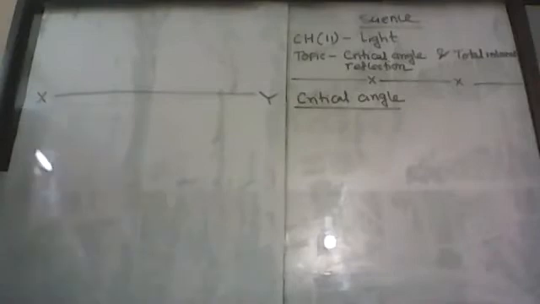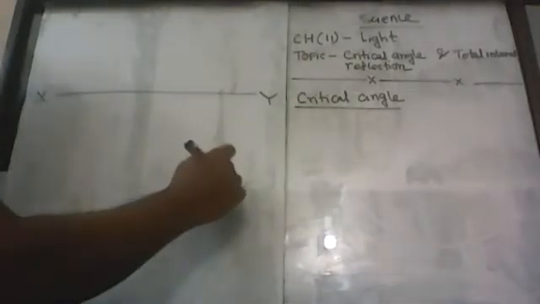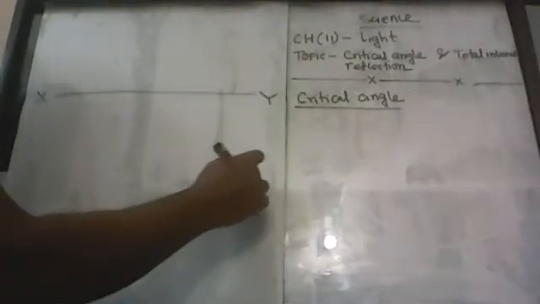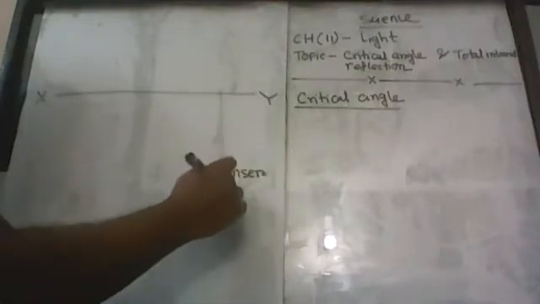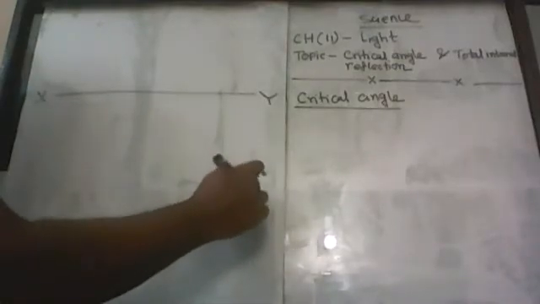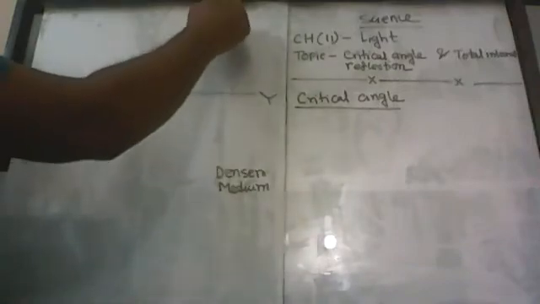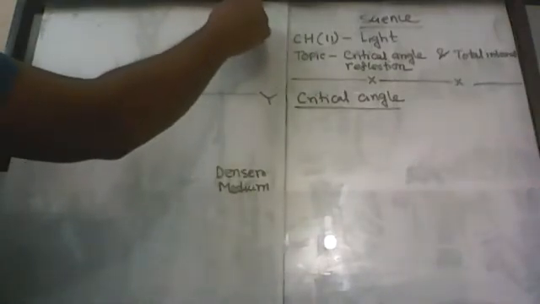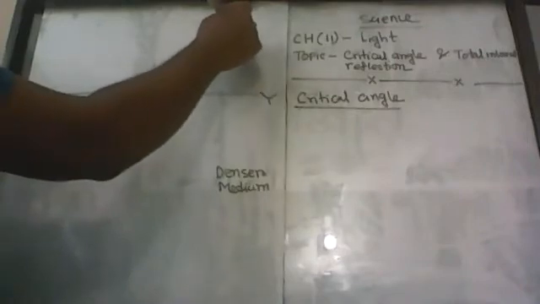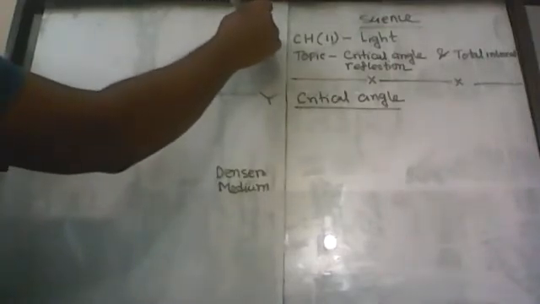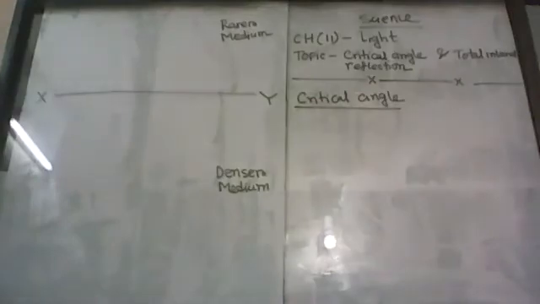You know that the bottom one is the denser medium, and the above one is the rarer medium.